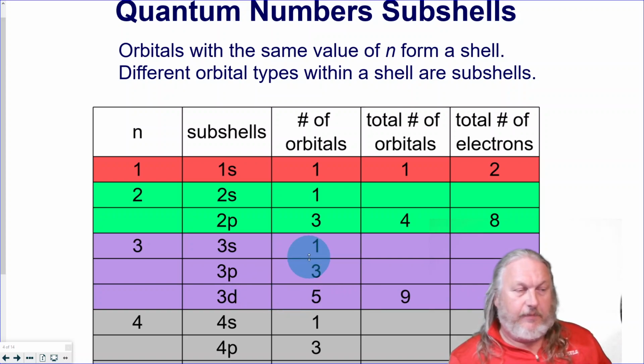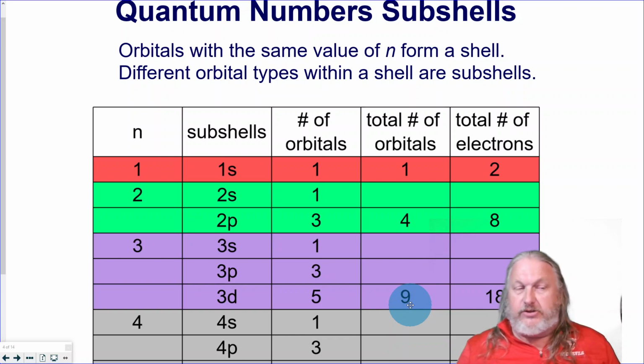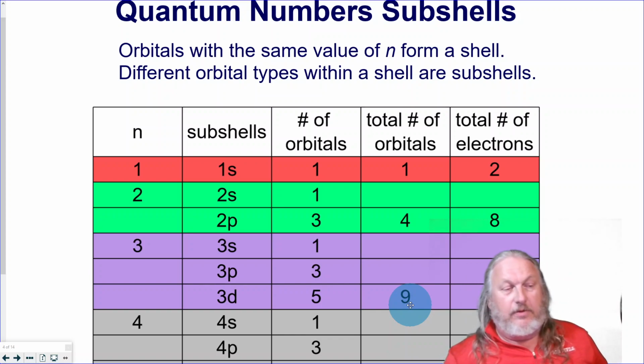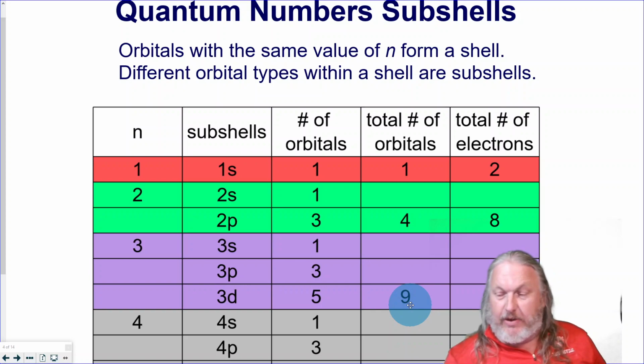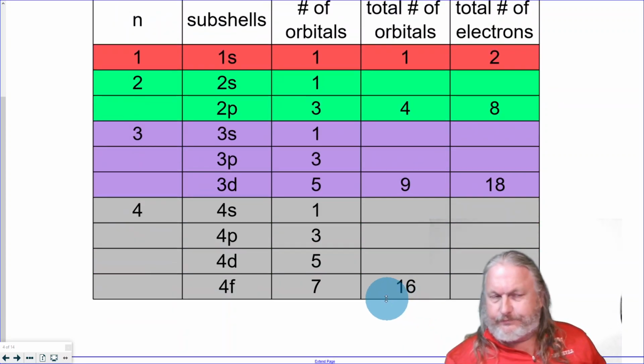So if I add that up, 1 plus 3 plus 5, that's going to equal 9. So that tells me in the third energy level, I can have 9 total orbitals. That means I can have 2 electrons in each of those orbitals, so I can have 18 electrons. You might be seeing a pattern here from 9th grade or 8th grade science.